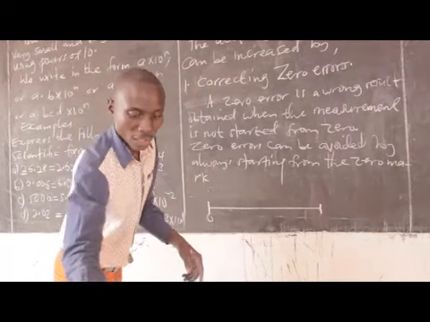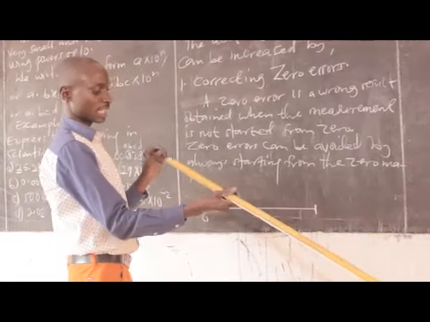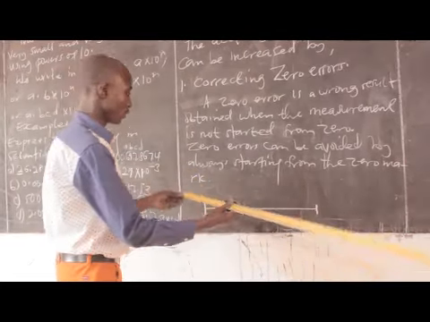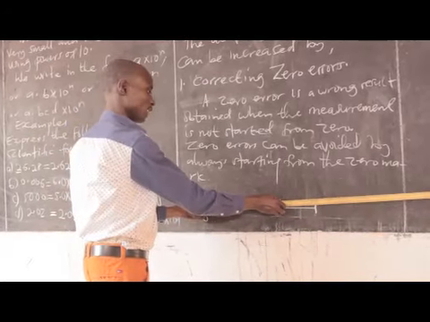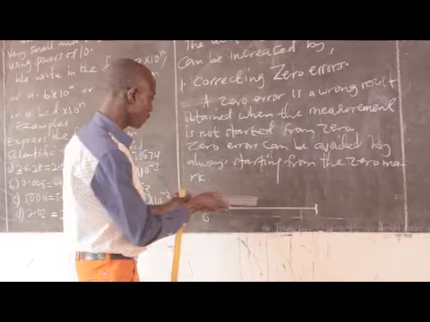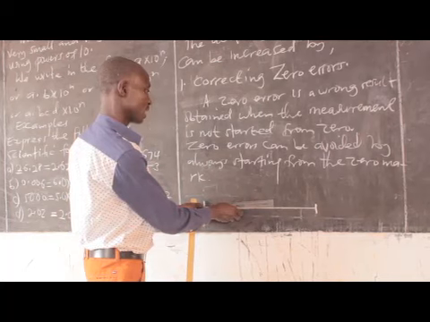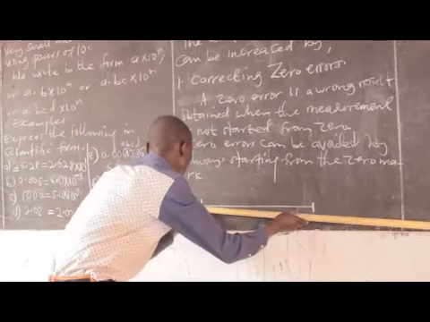However, with this ruler, we have just seen that the zero is exactly at the end of the ruler. So with this ruler, I will go like this. However, with this one, I leave some space and put my zero exactly where I'm starting from. So let me measure and see the length of this line.